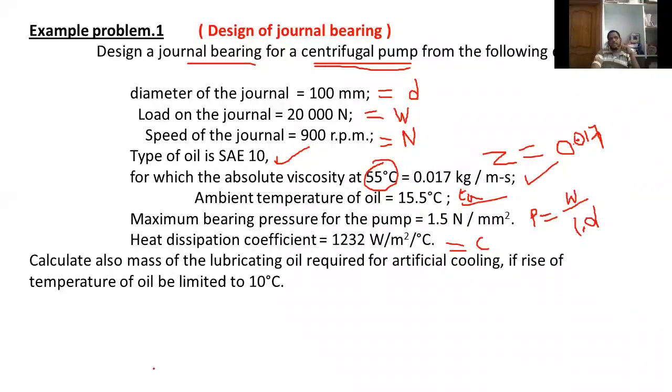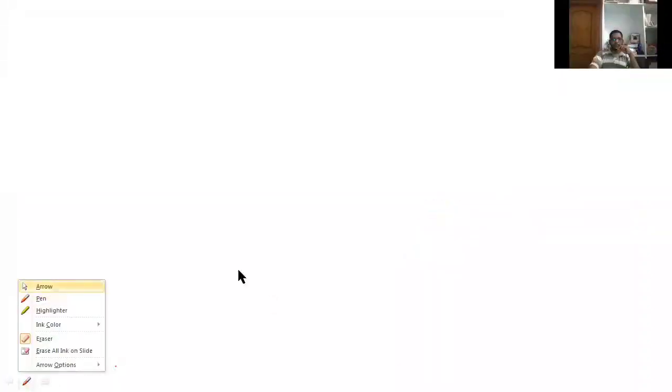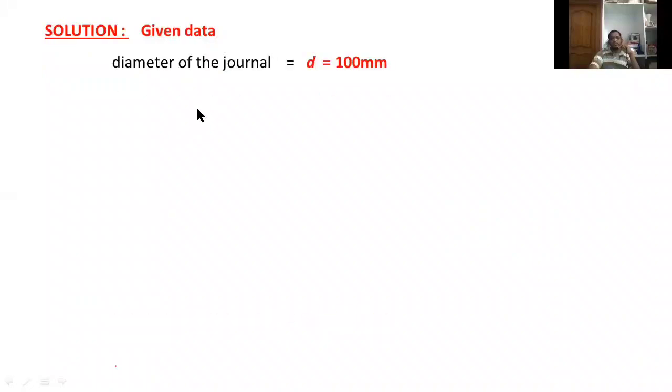By using these values you have to design a journal bearing. Now the given data: the diameter of the journal is in mm, so in meters, 100 by 1000 equal to 0.1 meter.